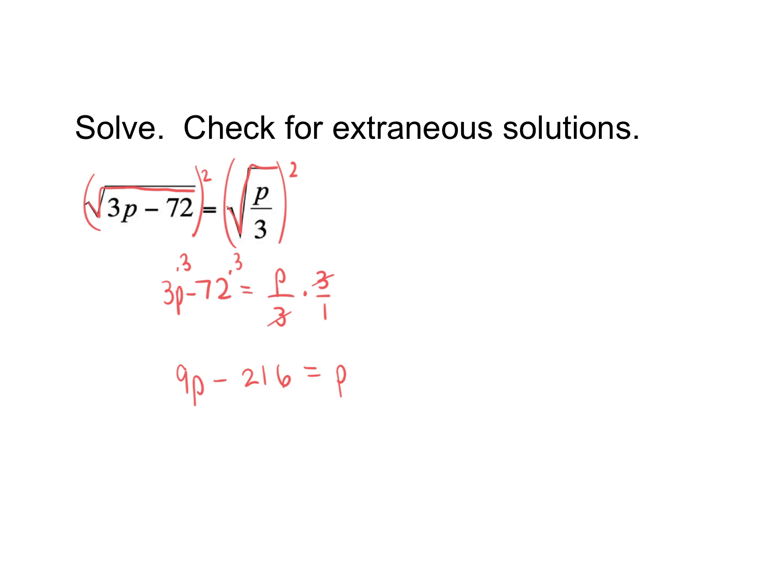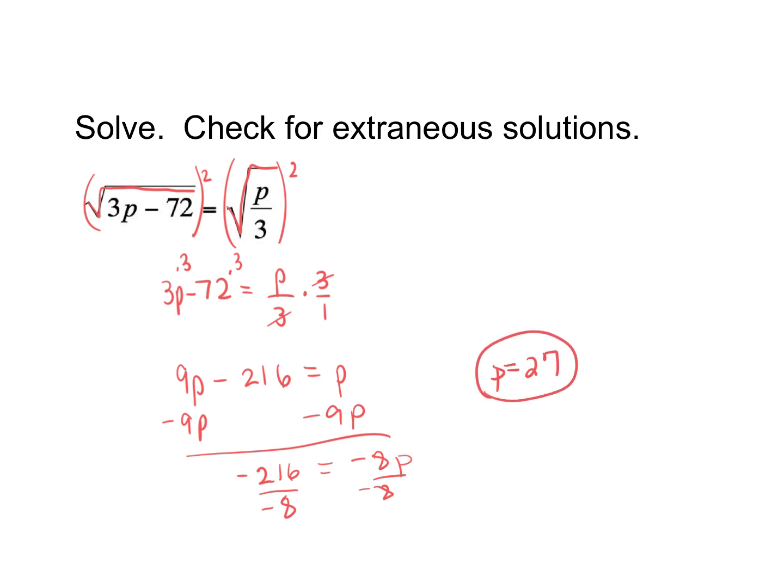And I have just one term of p, so I'm going to subtract the 9p from both sides to isolate it. That's going to give me negative 216 equals 8p. And when I divide by negative 8, I'm going to get an answer of 27.